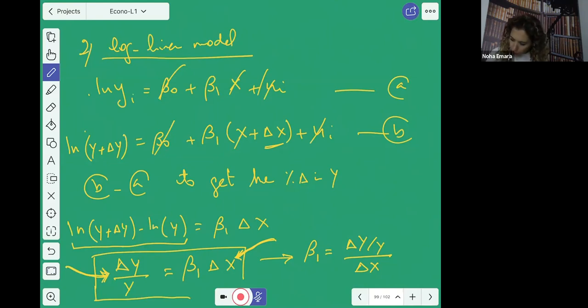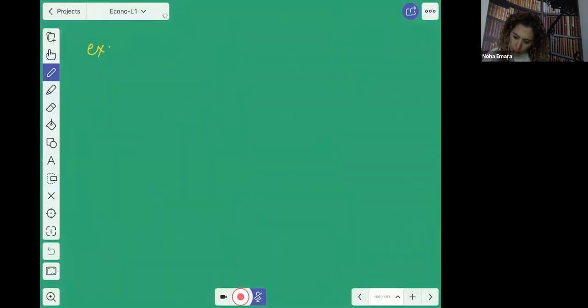So let's see this example. Now I have y is in log of wage. And this is the model we have for today's practice, wages.